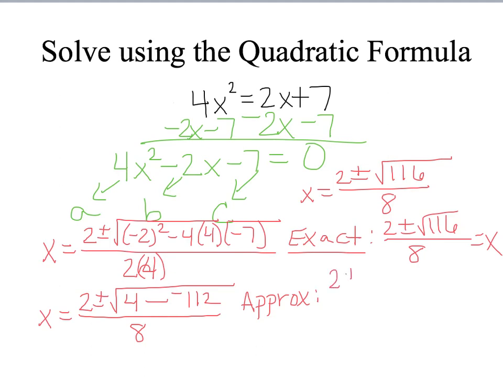So 2 plus or minus 10.77 divided by 8. And then we have the same setup here. 2 plus 10.77 divided by 8 will give us one solution. So that's 12.77 divided by 8, which is 1.596. So we'll say 1.60.